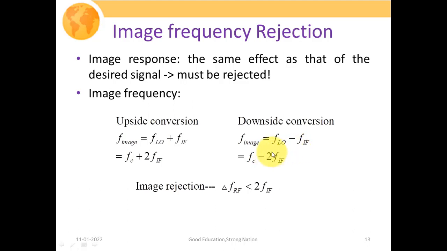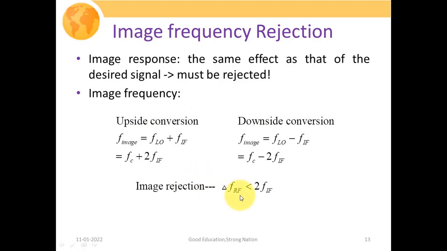When we put FLO as FC minus F of IF, we are left with FC minus twice IF. So for upside conversion the image frequency is FC plus 2 IF, and for downside conversion it is FC minus twice IF.